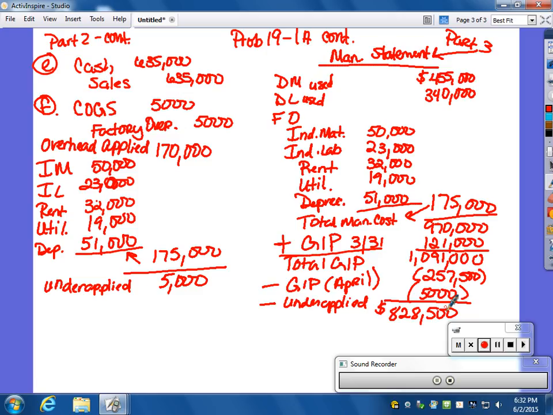If it was over applied, then you would add. If it was over, we put plus and minus. Right, we wouldn't put it in parentheses, it would just be a positive number.